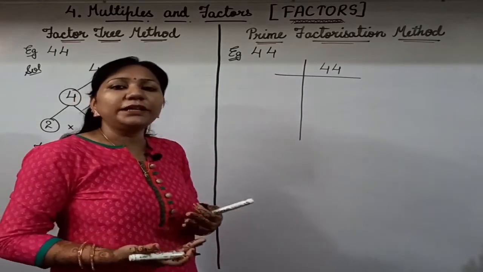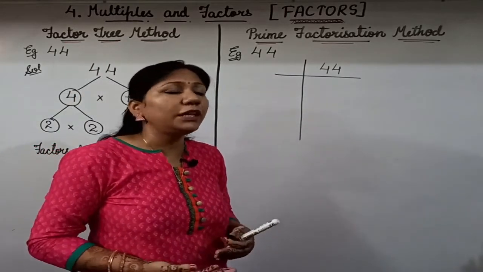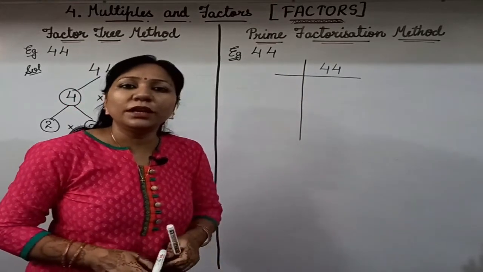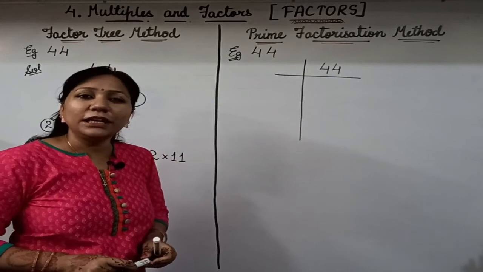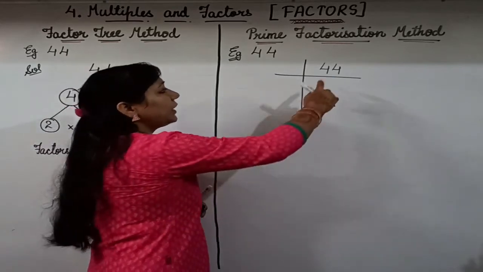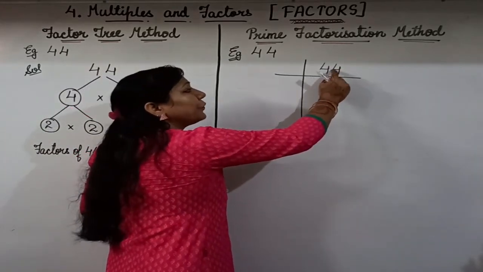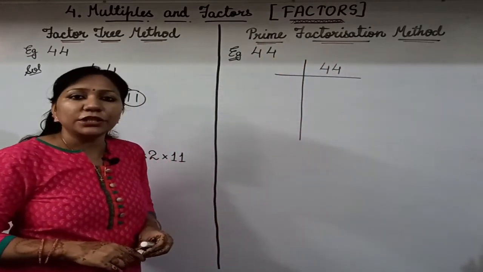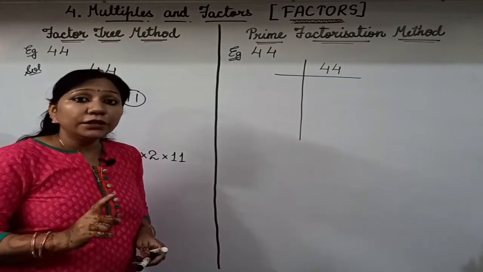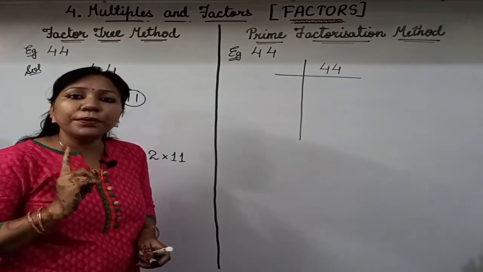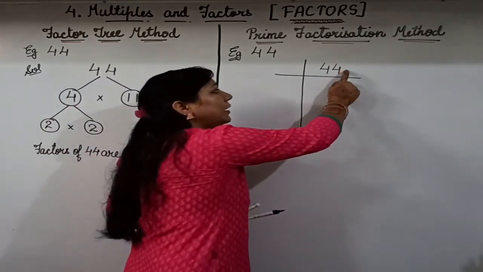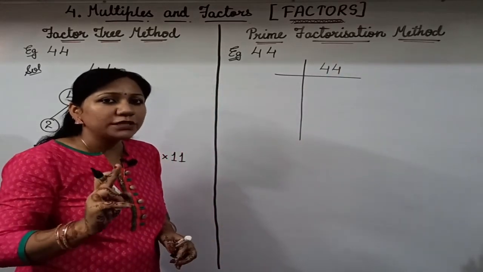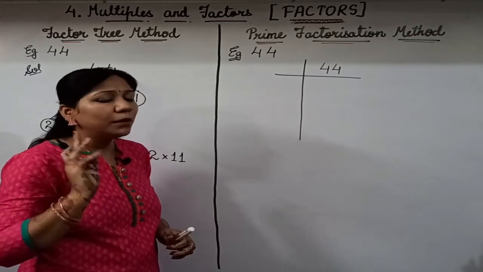Whenever you have to find the prime factorization of any number, we use two perpendicular lines crossing each other like this, and then we write 44 at the top. Since the method is prime factorization, here you will only use prime numbers to divide the number given to you. You cannot use a composite number. You are supposed to use only a prime number.